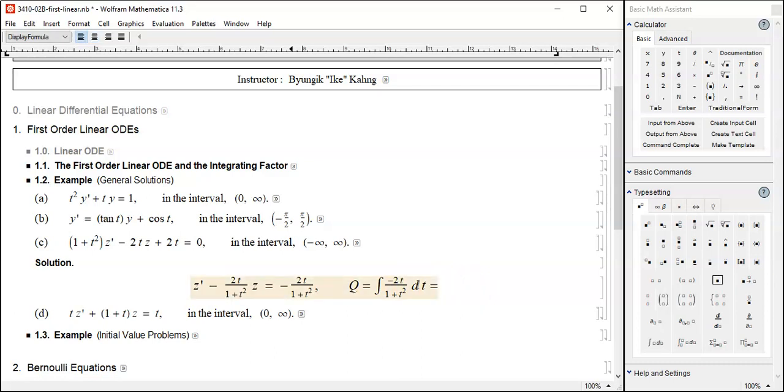You can use integration by substitution. What do you get? You get negative log of 1 plus t squared. Is that right? Take the derivative, this whole thing goes to the denominator, and by chain rule we have to multiply the derivative of the inside, 2t, and we have negative, so we have negative there. Okay, but before doing anything, let's move this negative sign.